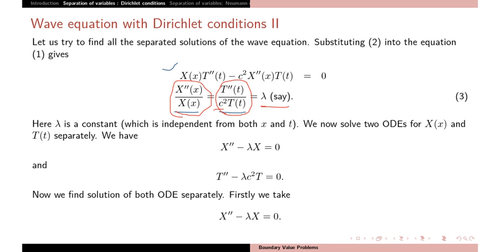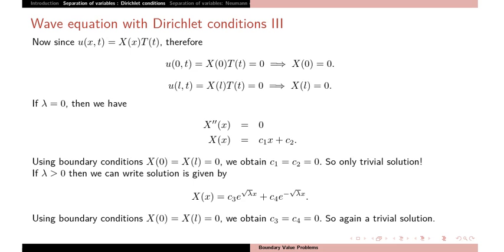So now we have two ODEs, one in x, X double dash minus lambda X equal to 0, and one in t, and we find the solution of both ODEs separately. So firstly, I will take the ODE in x, X double dash minus lambda X equal to 0, and firstly I compute the boundary conditions in x.